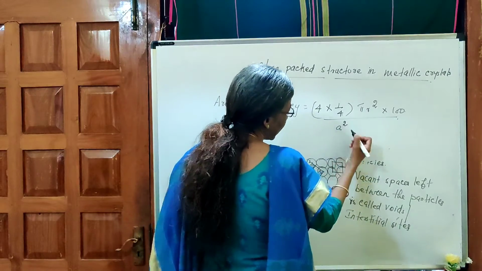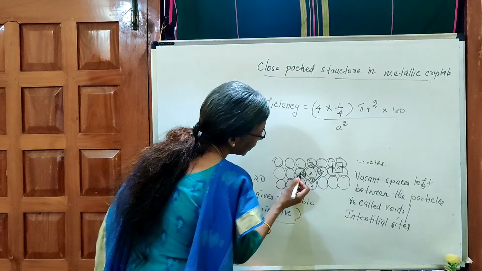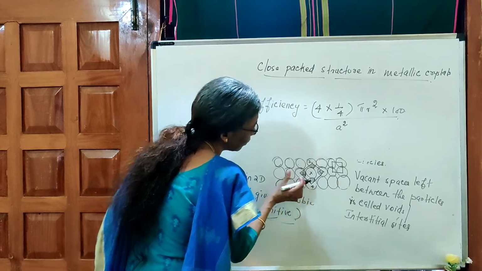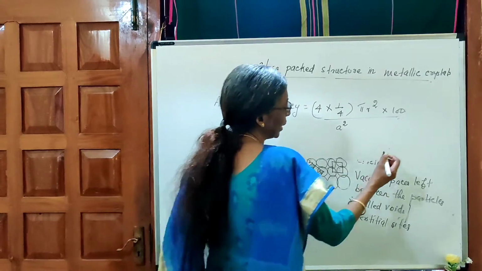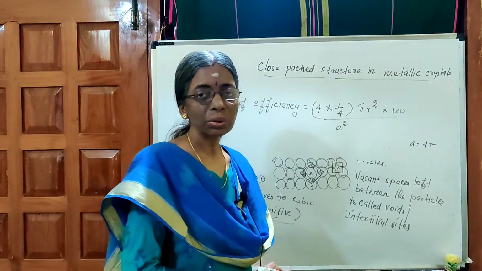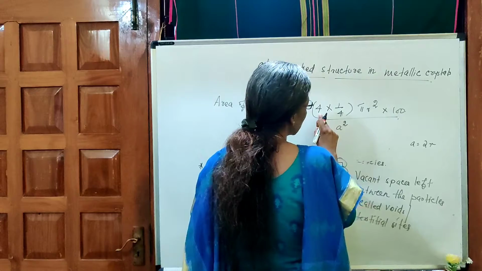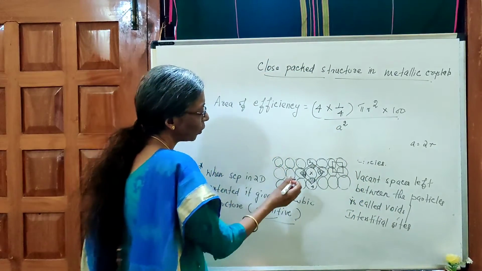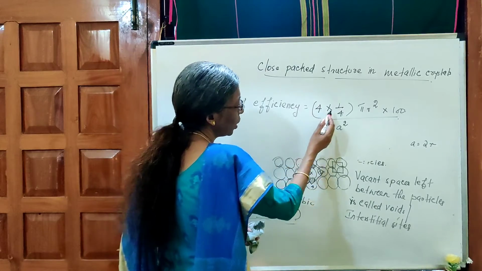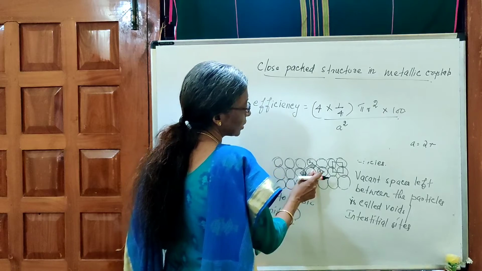divided by a square. Here, what is the value of a square? This is a. So here you see, this is r and this also r, when they come together. So we normally take a is equal to 2r. a is equal to 2r. So this is the formula, 4 into... 4 is here 1, this is touching 1, this 2, this 3, this 4. 1 by 4 from each circle is coming in this square.